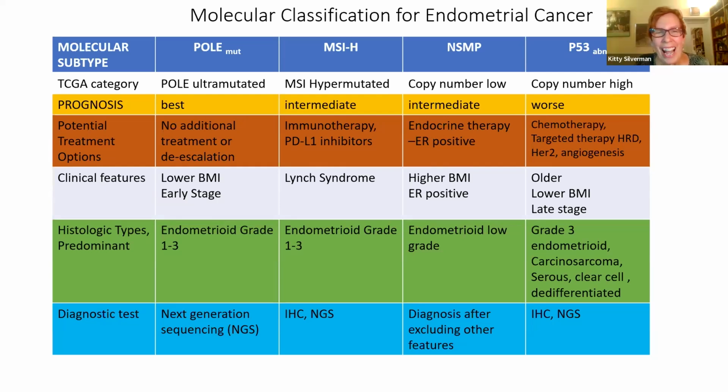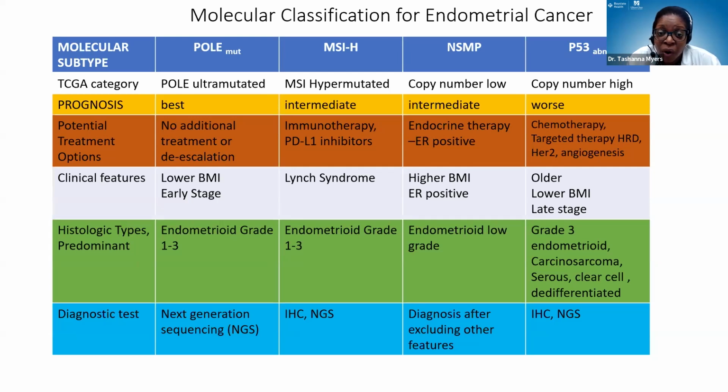Okay, thank you. I know that the NSMP, no specific molecular profile category, includes the P53 wild type and copy number low cancers. Does this category also include hormone receptor positive cancers with PIK3CA mutations? Yeah, so this category represents greater than 50% of endometrial cancers, right?